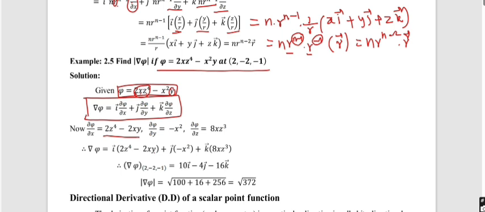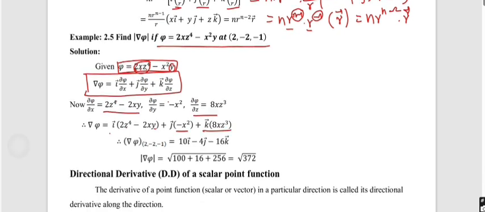Here there is no z term, so differentiating this we have 0. So this is dou phi by dou x, dou phi by dou y, dou phi by dou z. Substituting all these values in the given formula, we have i vector into 2z power 4 minus 2xy plus j vector into minus x square plus k vector into 8xz cube.